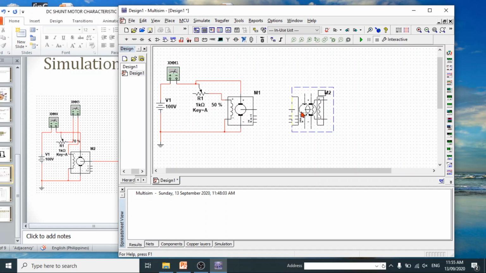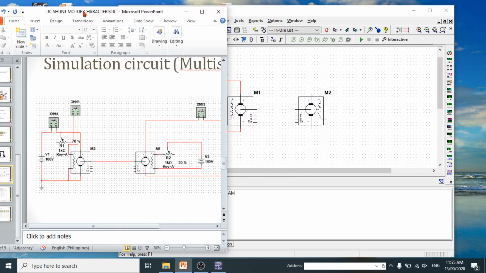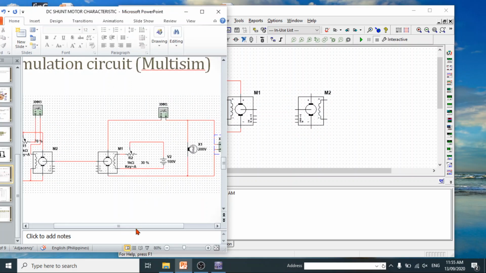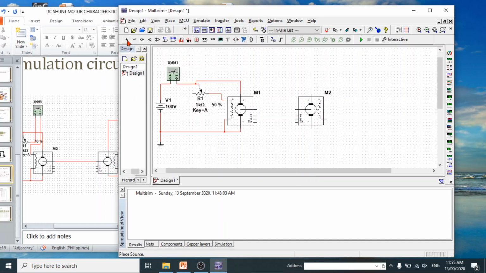So for the DC generator, you have the source used to create the magnetism, as explained in the previous experiments.